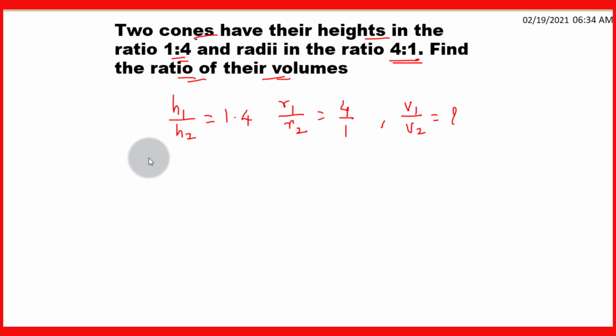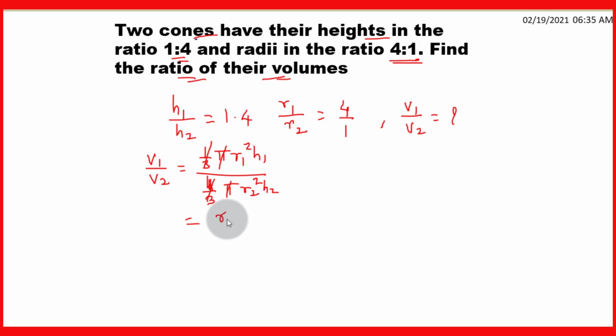So it's very simple, that v1 upon v2 is equal to 1/3 pi r1 square h1 upon 1/3 pi r2 square h2. So which is equal to, 1/3 will get cancelled, pi will get cancelled, and this we can write as (r1 upon r2) square into h1 upon h2.